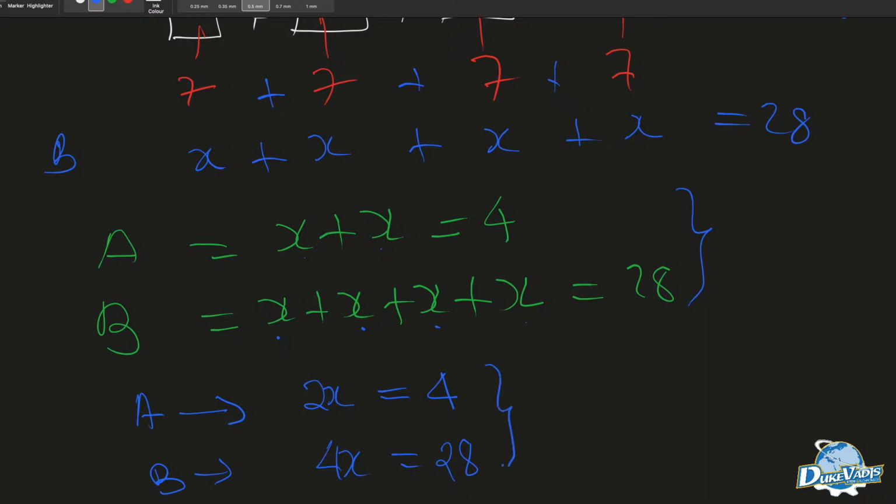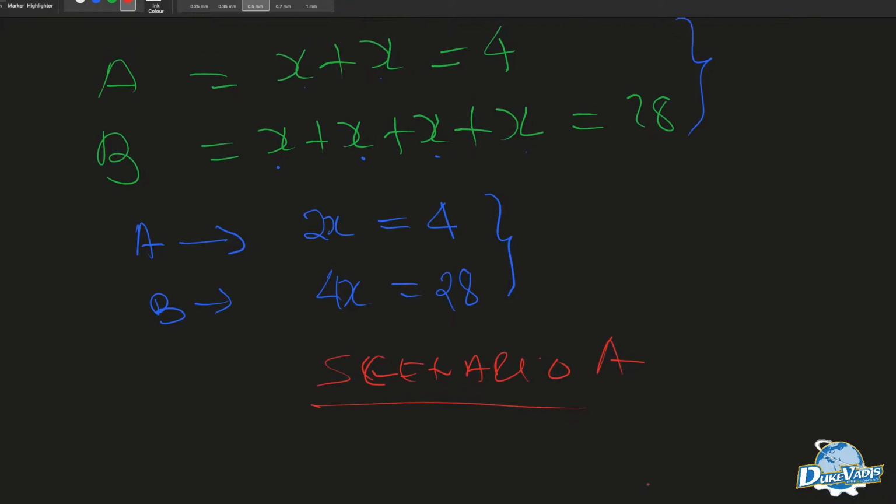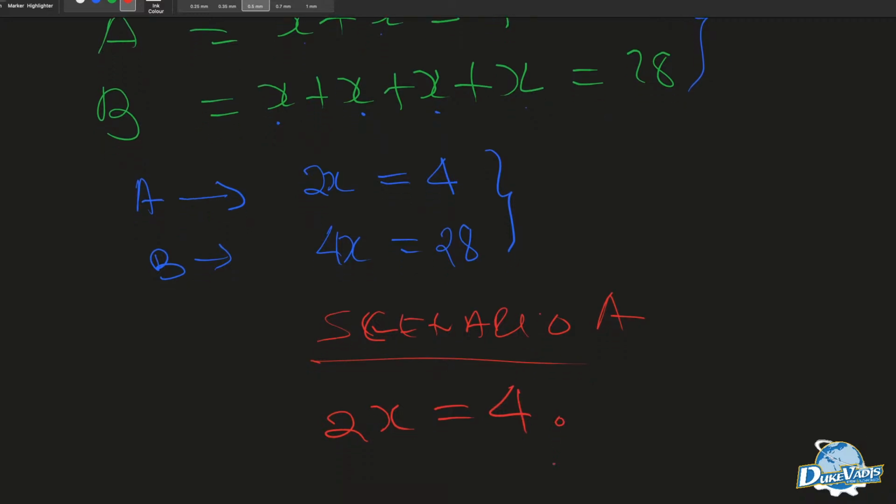So how do we find the values of x for both scenarios? Let's look at scenario A. In scenario A, we have 2x equals 4.